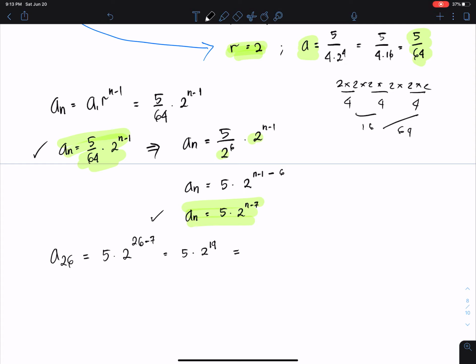So if we, again, you can leave a_26 equal to 5 times 2 to the power of 19. But also you can find the exact number. You can try to calculate with your calculators. I will try to use my calculator to calculate this one.